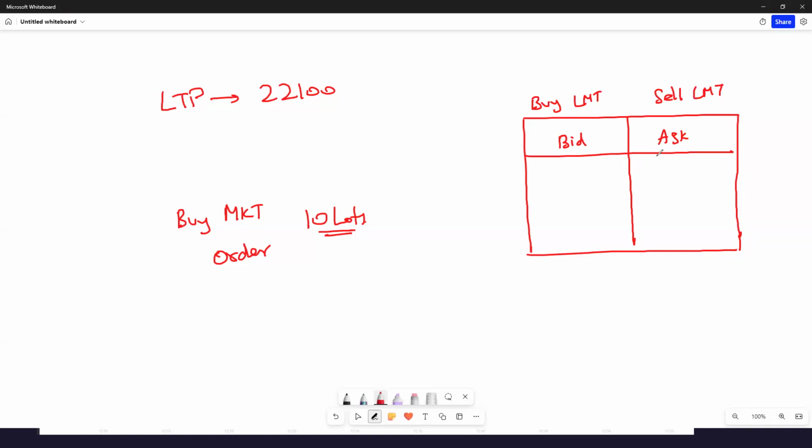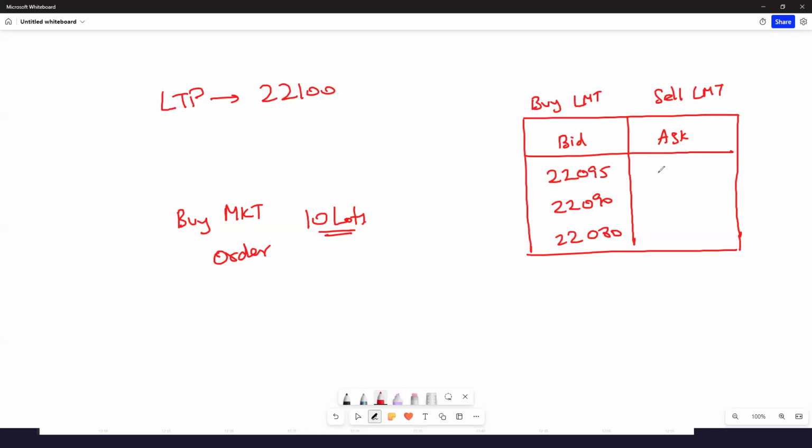So imagine the buyers are willing to buy at lower prices, let's say 22,095, 22,090 and 22,080. So these are the three levels where buyers are interested in buying; I have taken the top three buyers for simplicity.